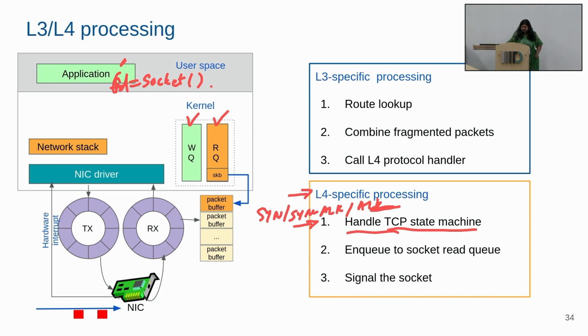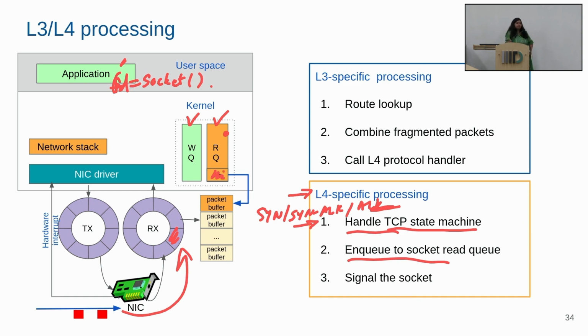So handling the TCP state machine is done by the kernel, and after that is done, only if it is a data packet, is this data packet enqueued into the read queue. Because we are talking about the received packet, this packet is enqueued in the read queue.